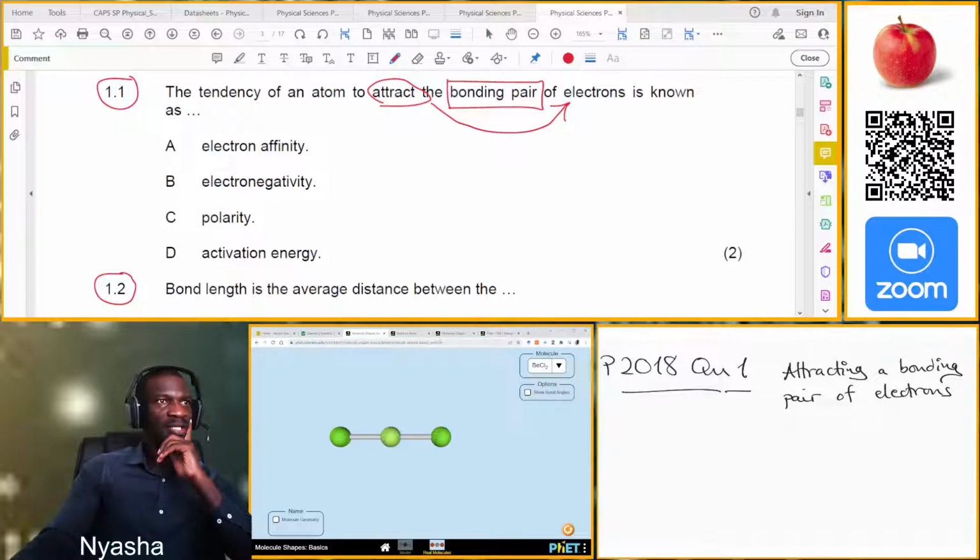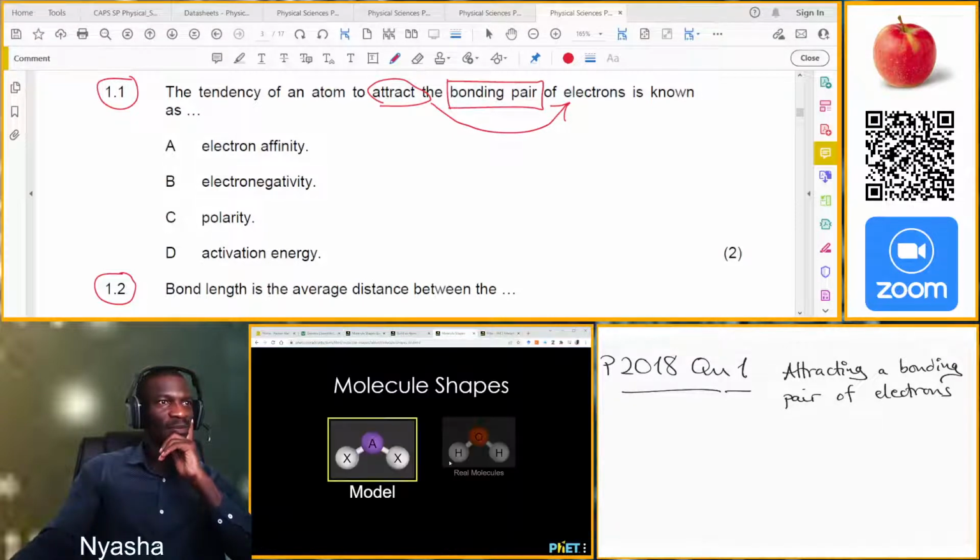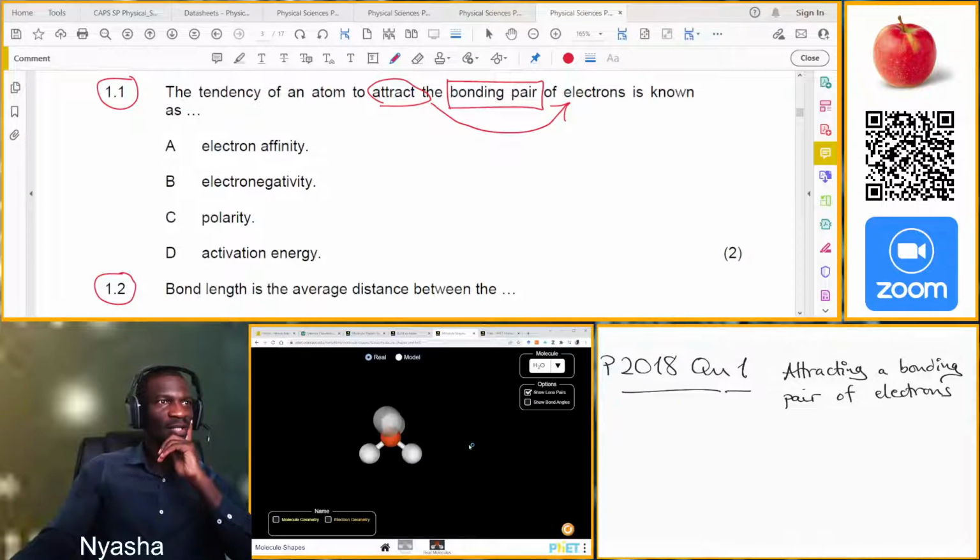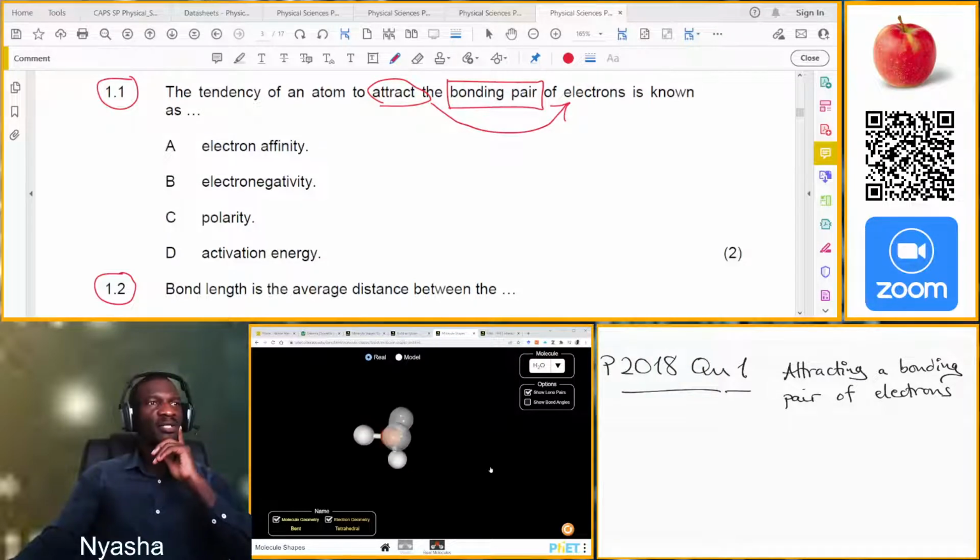I'm mostly interested in the actual arrangement of the electrons. Okay, so this is electron geometry. I'm looking for some electrons.